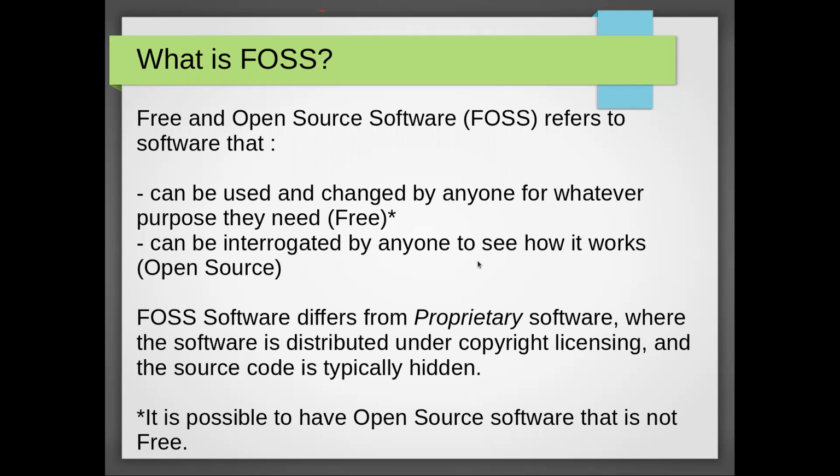Free and open source software is the opposite of proprietary software, which is most of the software that all of us are used to using, where software is distributed under copyright licensing and the source code is typically hidden. So if you boot up your copy of Microsoft Word, you can't go in and see how they've coded Microsoft Word underneath.